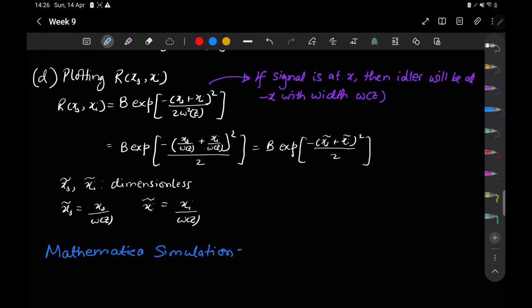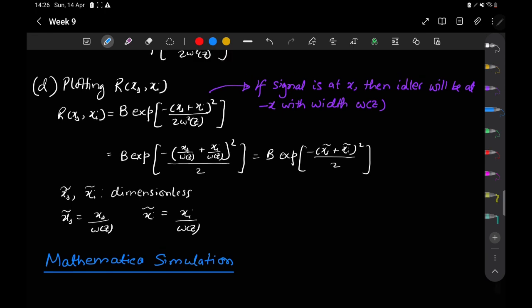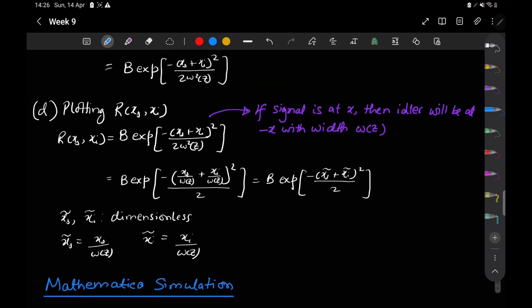So we will look at the Mathematica simulation and the plot, and this basically will complete the section that we were left with from the last class. So this will complete the week 9 problems, and then we can proceed to the week 10 problem set.